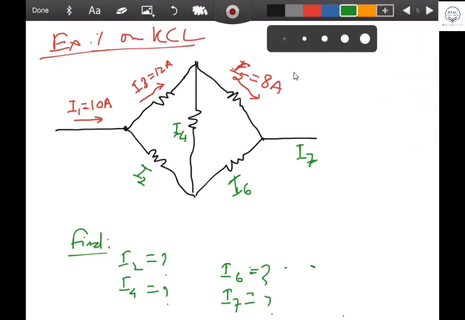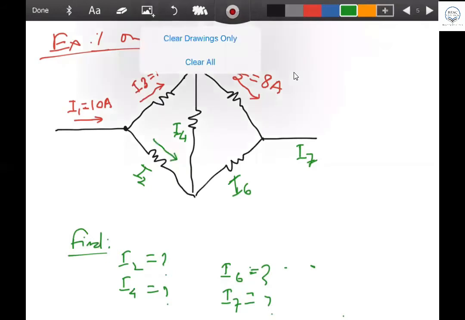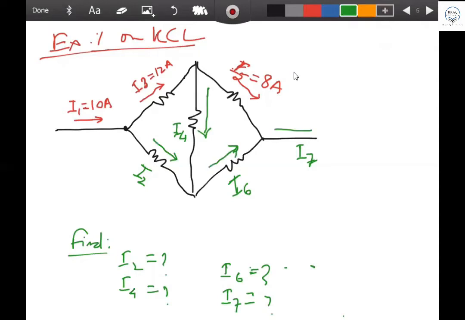So assume that I4, I2 is coming like this, from here to here. These two currents are coming, and this is going like that, and this current and this current are joining and going out as I7. You understand it?